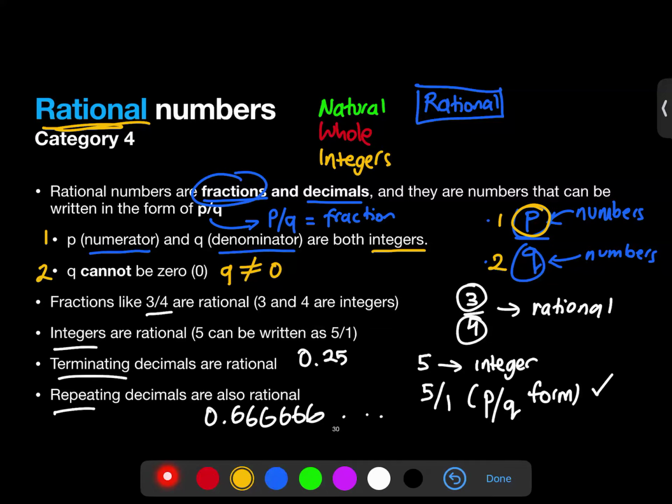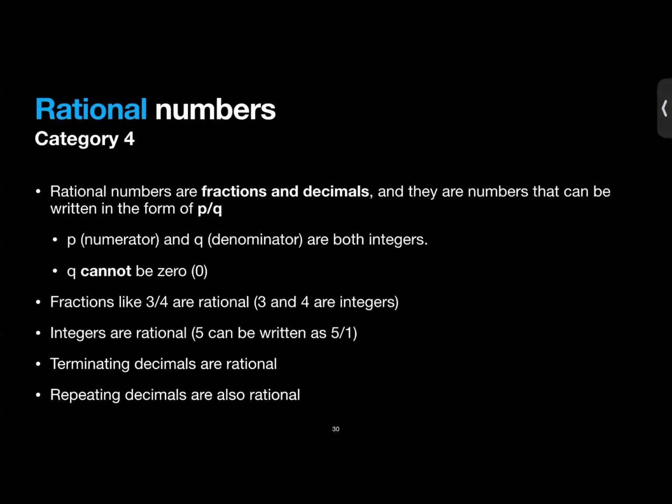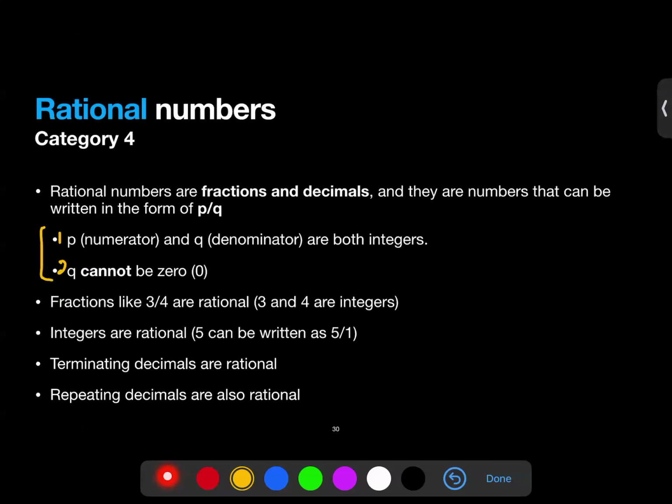Remember, integers are, for example, -1, -2, 0, 3, 5, and so on, correct? And the second requirement is that Q, the bottom part of the fraction, cannot be 0. So these are the two requirements that we need for rational numbers.